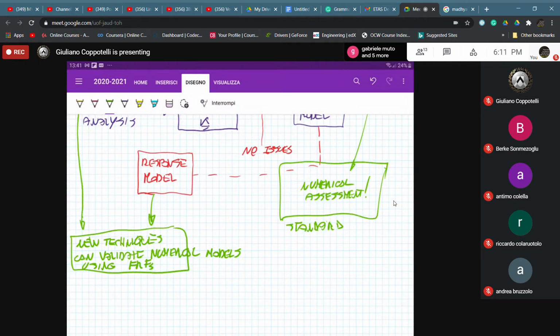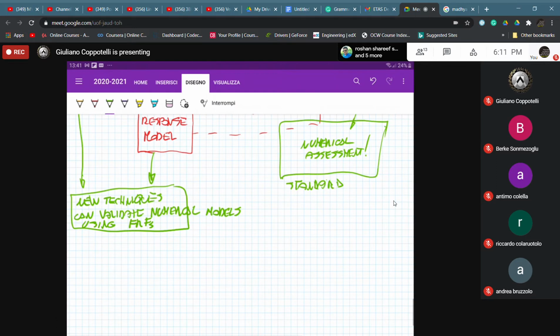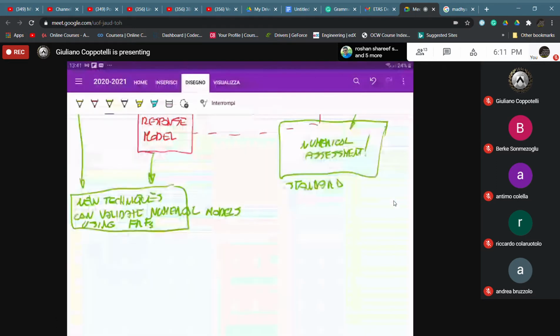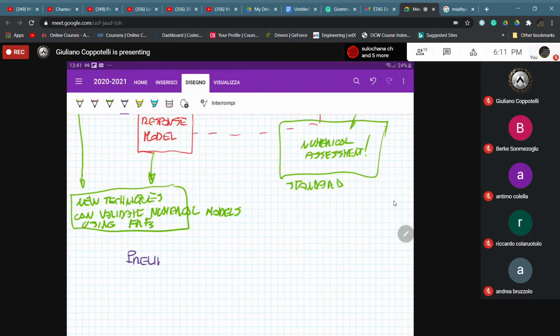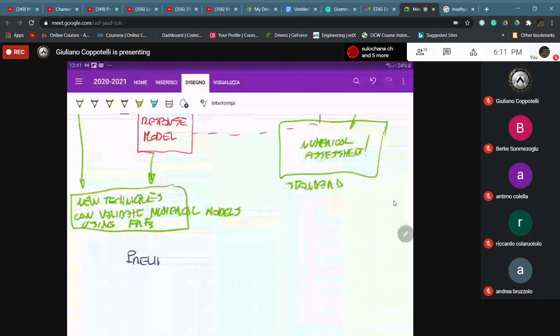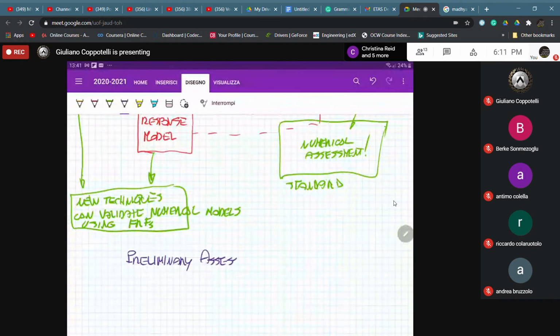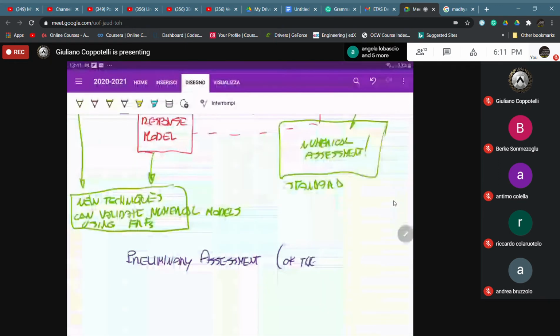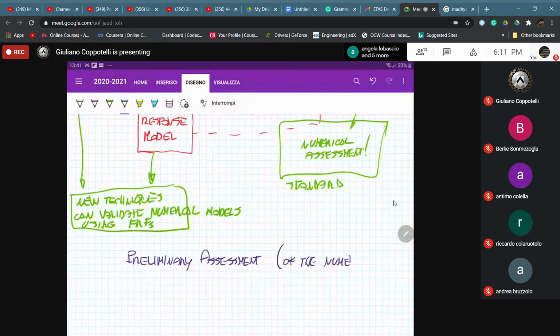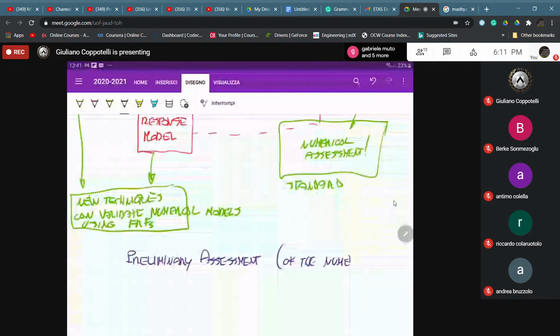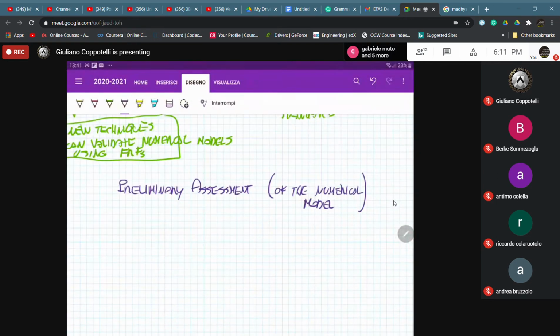Okay, so preliminary assessment. I'm talking about the assessment of the numerical model, to be sure that you are not forgetting this. Okay, it is done at the natural frequency level.